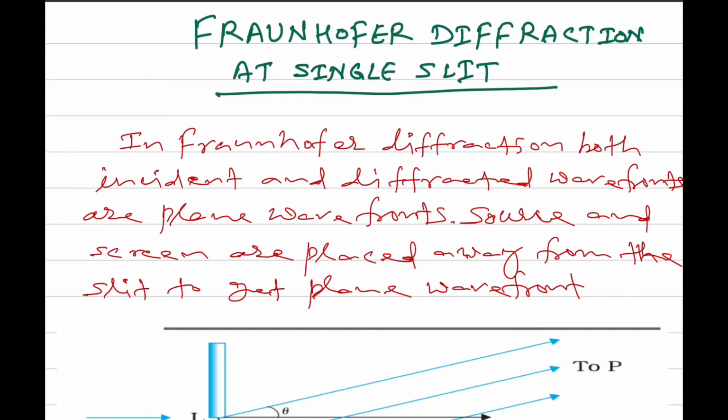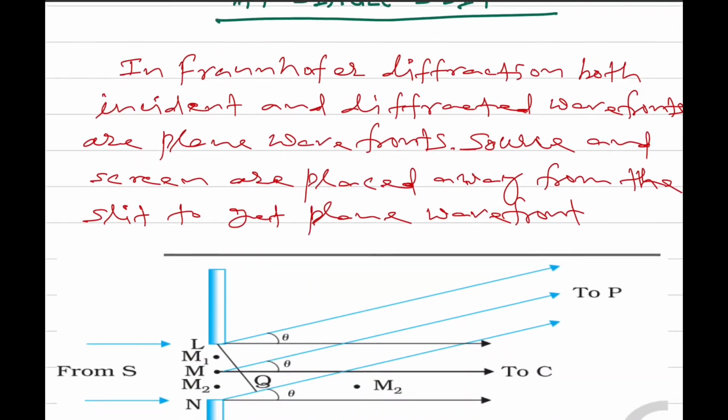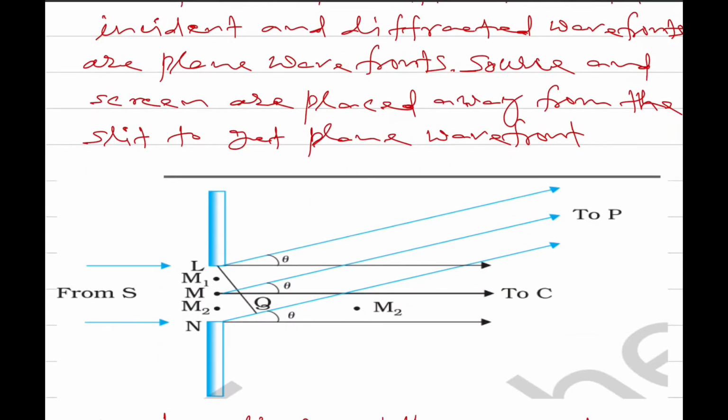So, as we know, the Fraunhofer diffraction takes place when the wavefront is plane, that is, both incident wavefront and diffracted wavefront are plane wavefront, and it is possible only if both the source and the screen are at infinite distance from the slit.